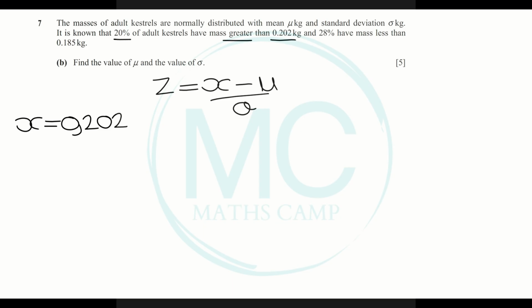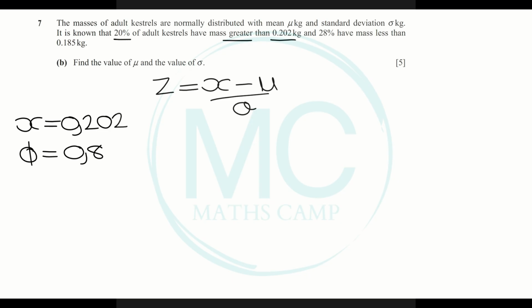But remember that normal distribution always works with smaller than X. This means that 80% of adult kestrels have a mass smaller than X. So I can say my probability is going to be 80% as a decimal, 0,8.